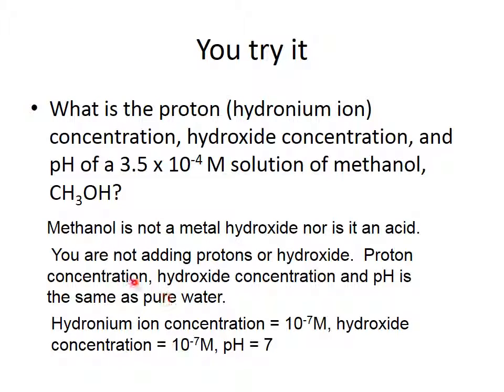So you are only adding something that hydrogen bonds to water. It's not going to change proton concentration, because you're not adding protons, and it's not going to change hydroxide concentration, because you're not adding hydroxide. So the proton concentration and hydroxide concentration, as well as the pH, are the same as pure water. You can write down that hydronium ion and hydroxide concentration are equal to 1 times 10 to the minus 7, and the pH is 7.